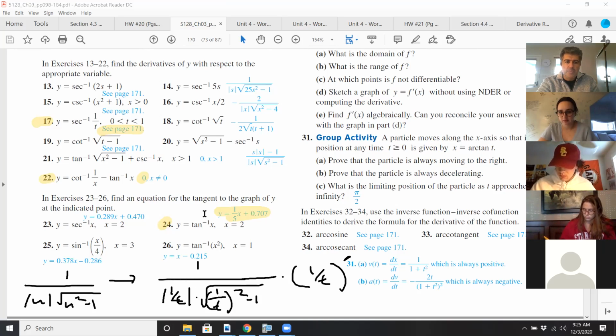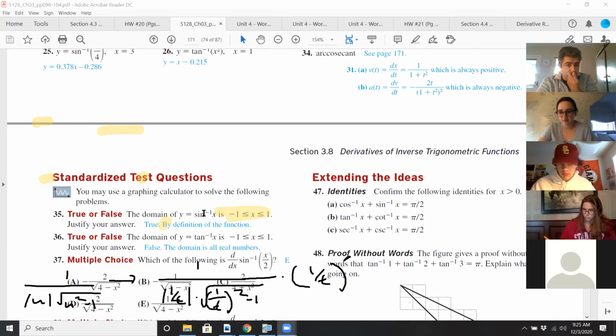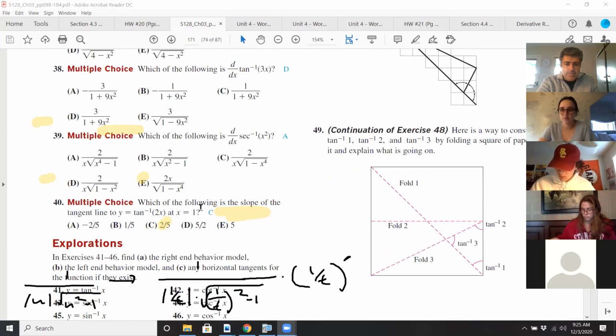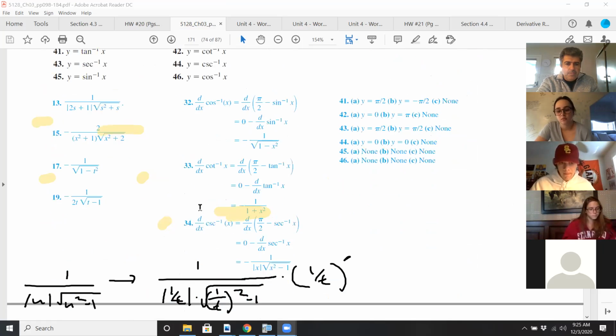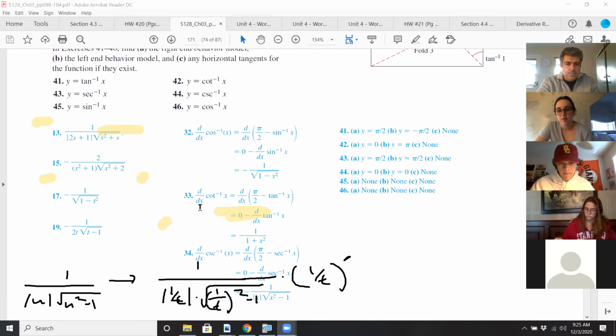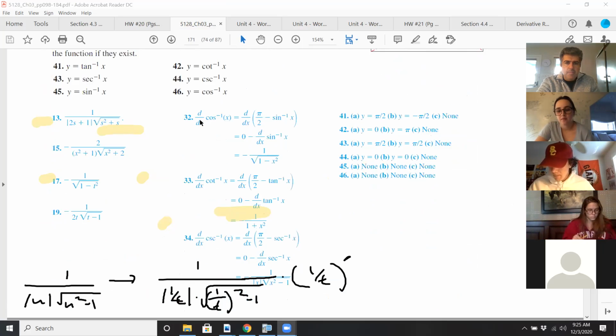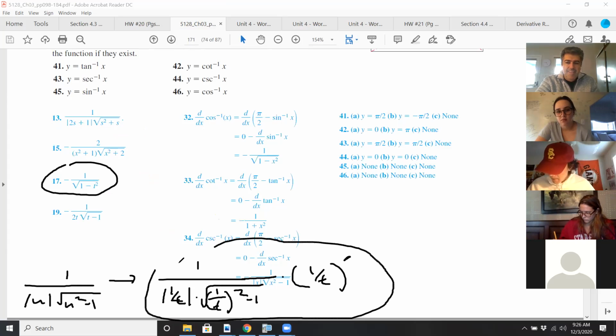Now, actually, let me move to page 171 so you can see the answer. Let me clear this other junk here. So the answer to 17 is shown right here. So how did it get all this to look like that, right? How do we do that? Okay, well, I'll show you how.